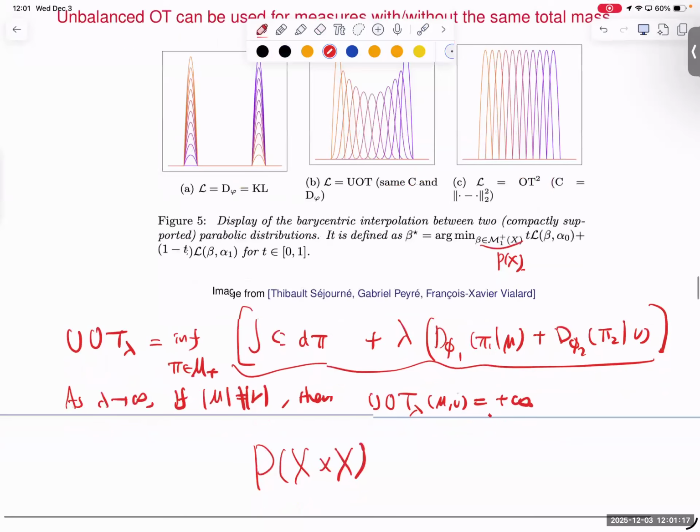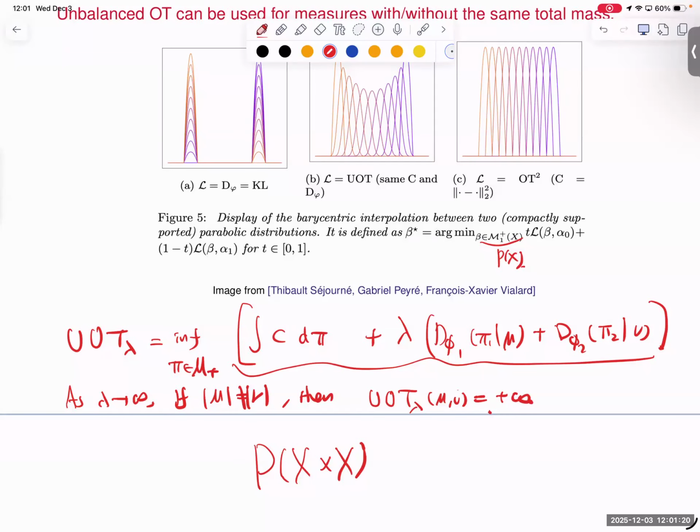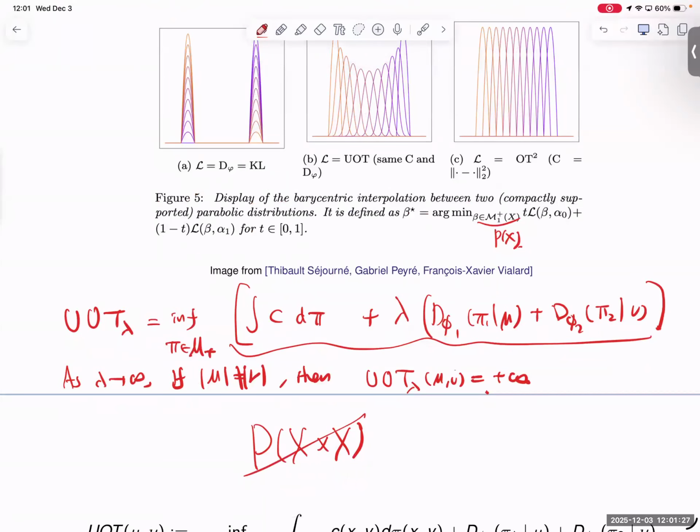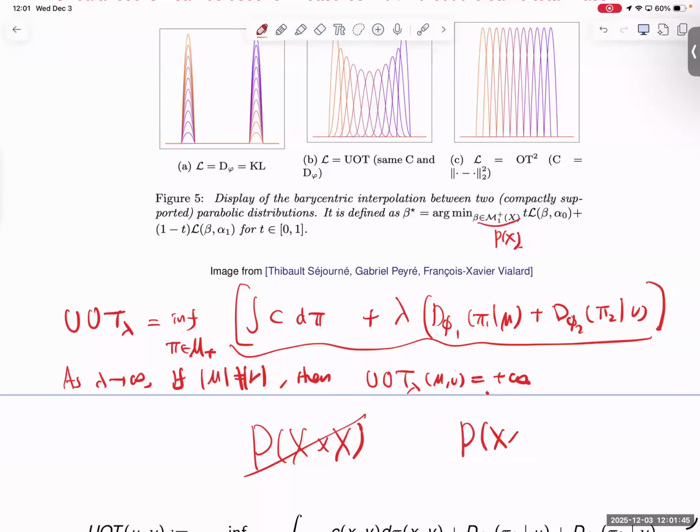Spatial plans, okay, so that is still probability space on the product space, so it's compact. But then here we should consider instead the space of, sorry, yeah, so still... okay, maybe sorry.